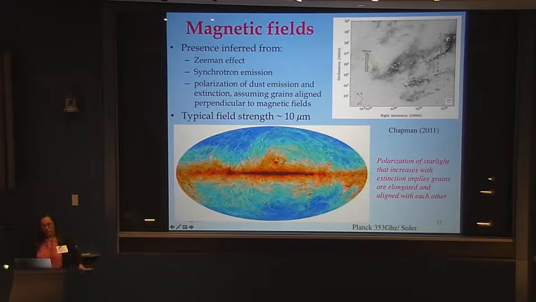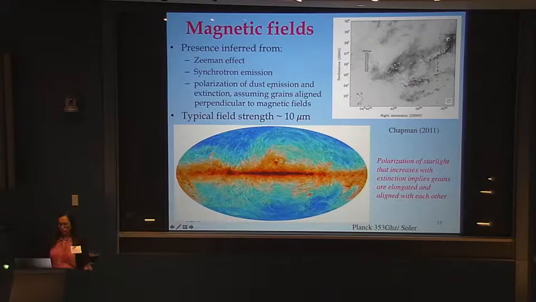I'll say more about how you infer the field strength. You can infer field strength directly from Zeeman, and you can also indirectly infer field strength from other methods. Typical field strengths are about 10 microgauss.